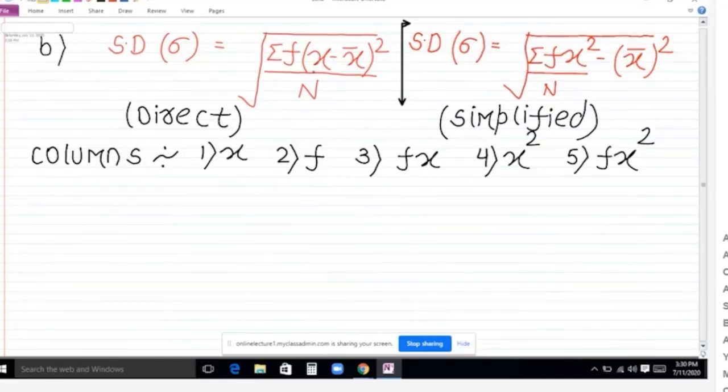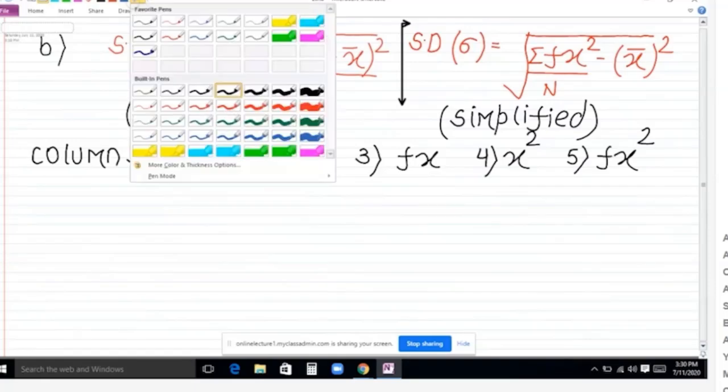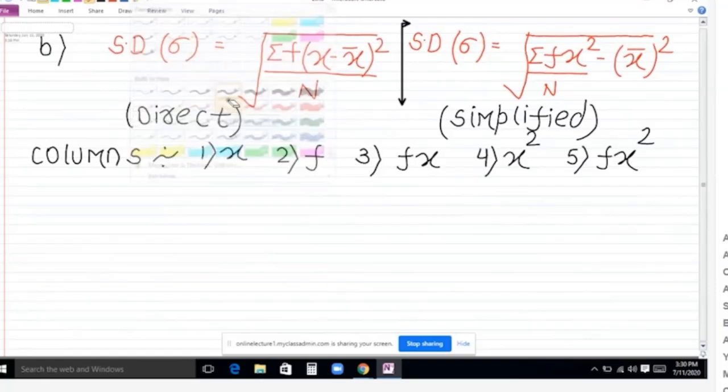And next, once the table gets over, you will have to find the total.